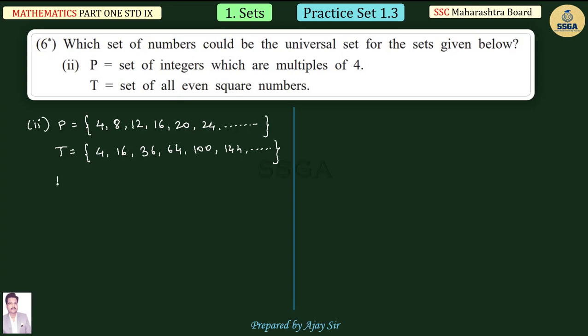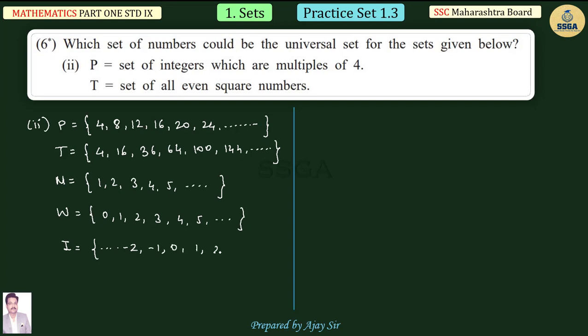Natural numbers, that is N, equal to 1, 2, 3, 4, 5 and so on. Whole numbers, that is 0, 1, 2, 3, 4, 5 and so on. And integers, that is -2, -1, 0, 1, 2 and so on. All these sets, natural numbers, whole numbers and integers, are universal sets for P and T, because all these numbers are present in these sets.